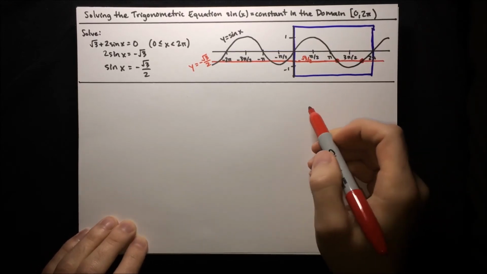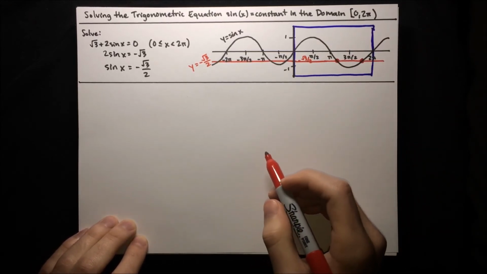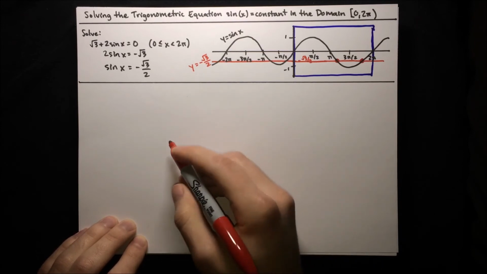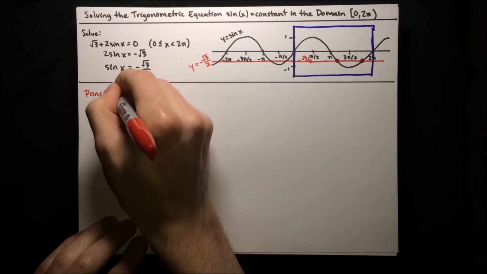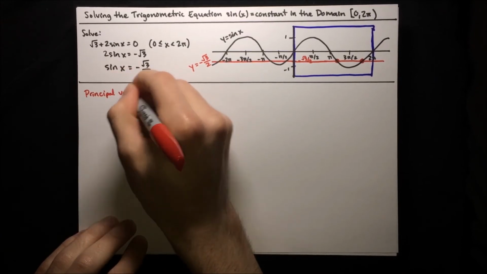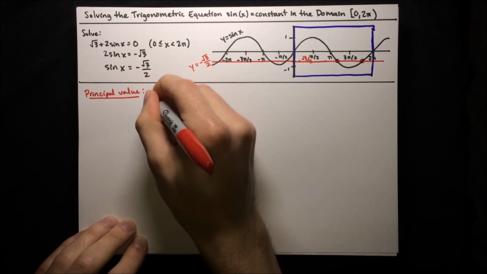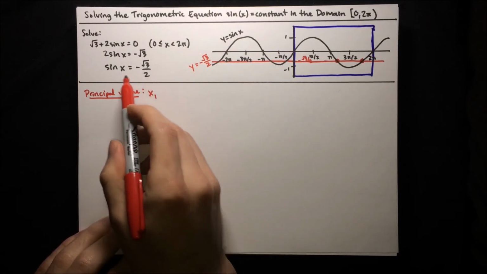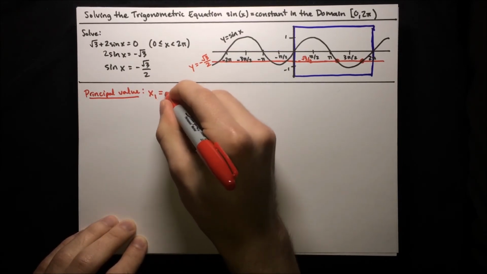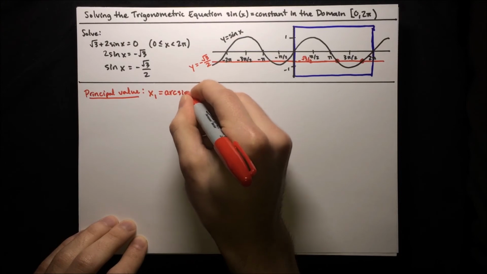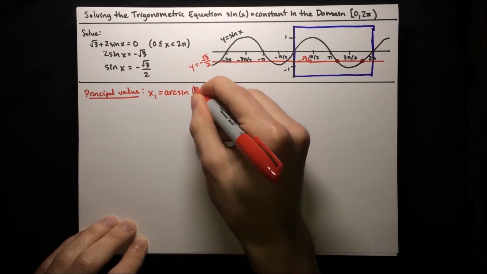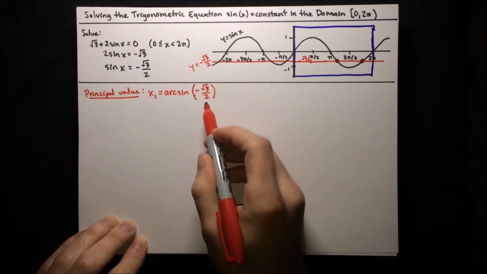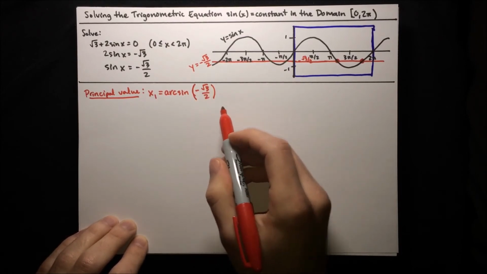So like before, when we wanted to find one of the points of intersection, we just used the principal value. So we'll do that again. The principal value, that's just the solution that we get when we apply arcsine to this equation. So our first solution will be arcsine of negative root 3 over 2. So everything seems pretty normal, pretty similar to how we've done the previous examples.